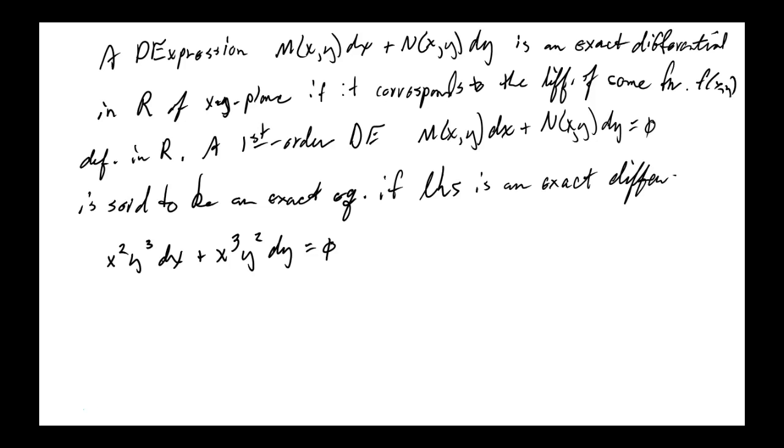If that had been an x cubed to begin with, take the partial of this with respect to x, you get 3x cubed y cubed. Take the partial with respect to y, you get 3x cubed y squared. So divide everything by 3 and you get a 1/3 there. So this would be an exact differential of 1/3 x cubed y cubed. That was easy because it was almost obvious. That would be equal to the left-hand side.